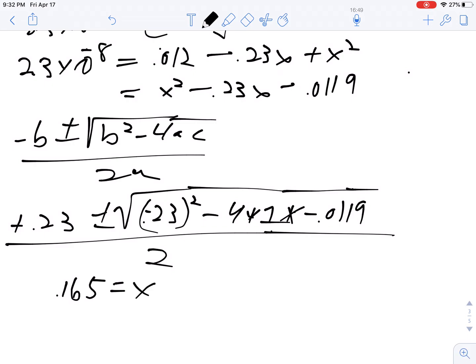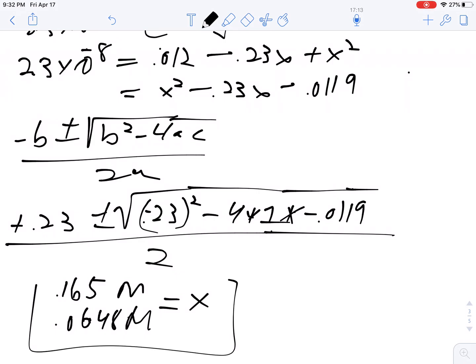And the other possible answer is this. So those are my two possible answers for x.